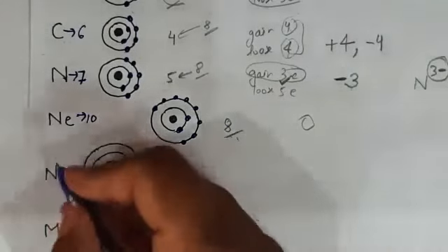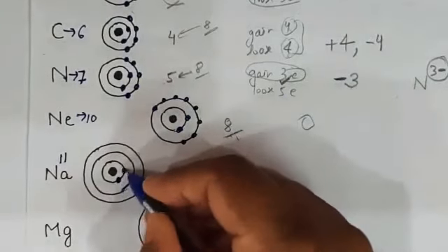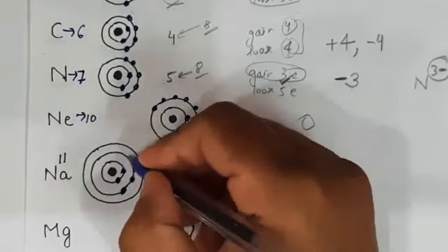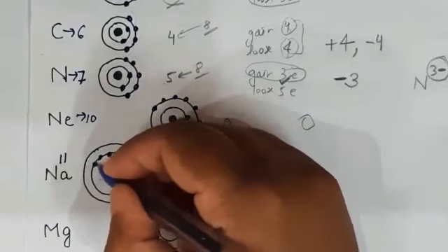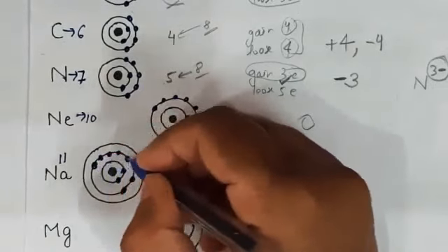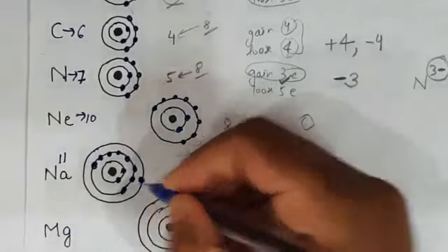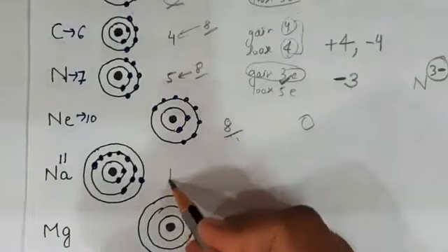Sodium atomic number 11. So 2 electrons in the first shell. In the second shell 8 electrons. We can fill only 8 electrons in the second shell according to the Bohr-Bury scheme. So 2 plus 8, 10. We are left with 1. So 1 electron in the third shell. So outermost shell, how many electrons? 1.